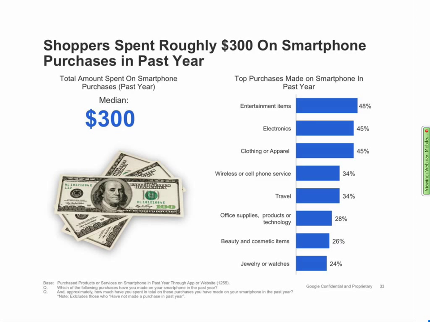So you can imagine that these things are like movie tickets, but there's people purchasing things like electronics, as well as clothing or apparel. We don't have deeper data on how they're purchasing in these categories, or more specifically what they're purchasing.